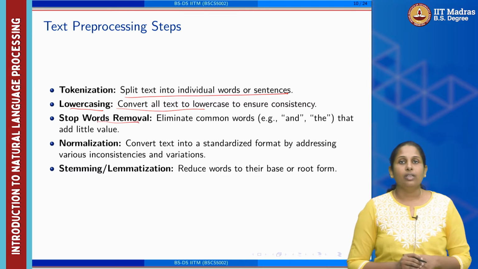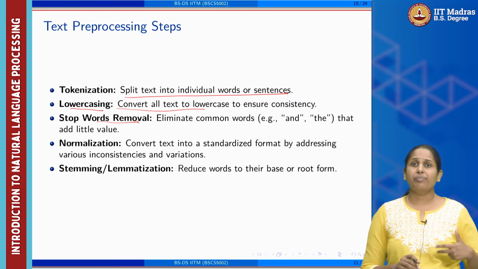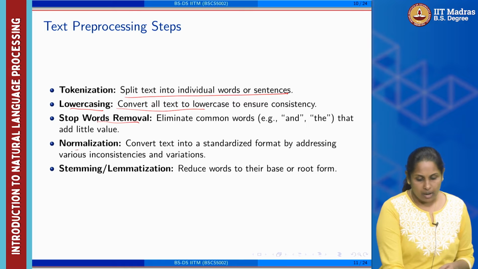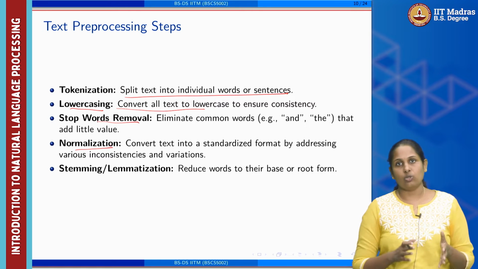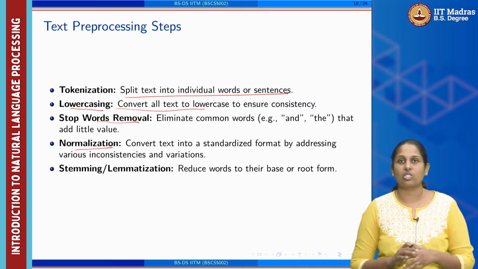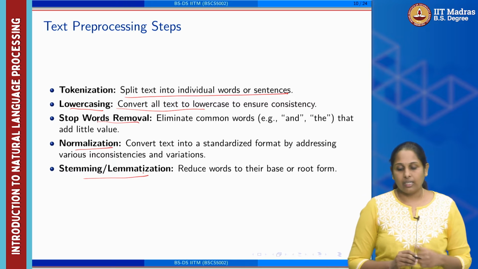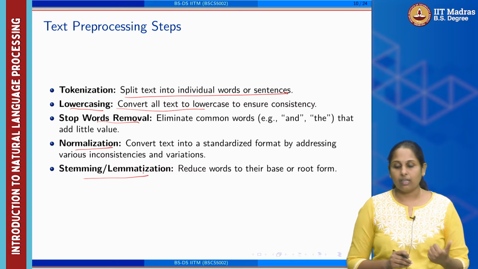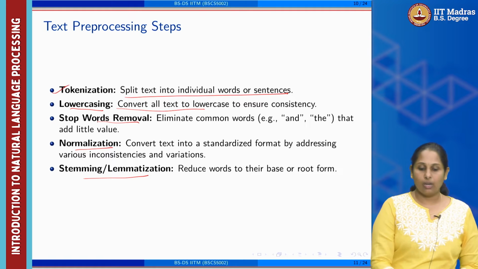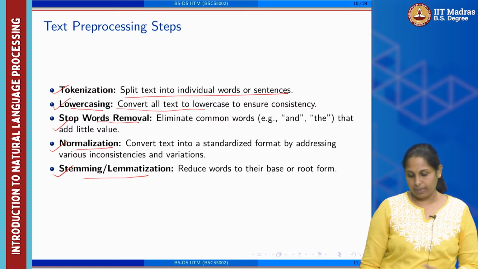Stop word removal eliminates common words like and, the, or other functional elements which have very little value. Normalization converts the text into a standard format so that inconsistencies and variations are taken care of. And stemming and lemmatization reduce words to their base and root form. So the pre-processing steps involve tokenization, lowercasing, stop word removal, normalization, and stemming or lemmatization.